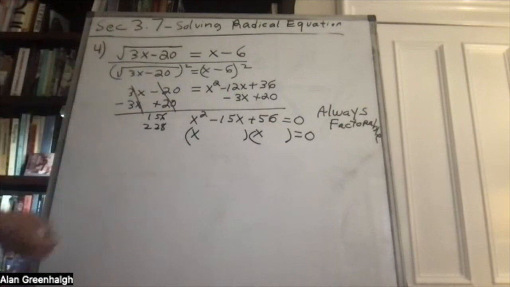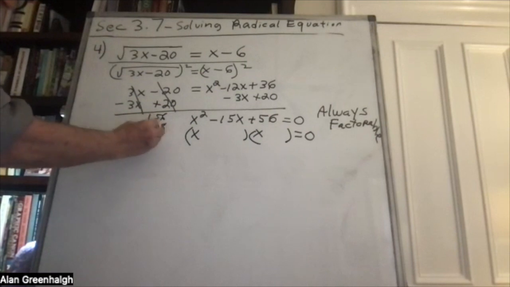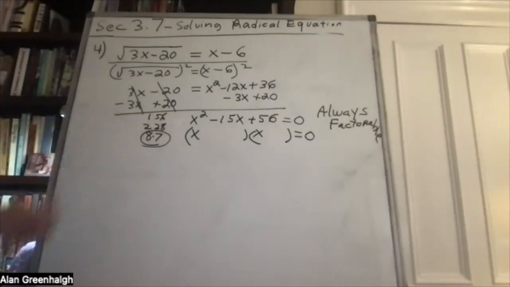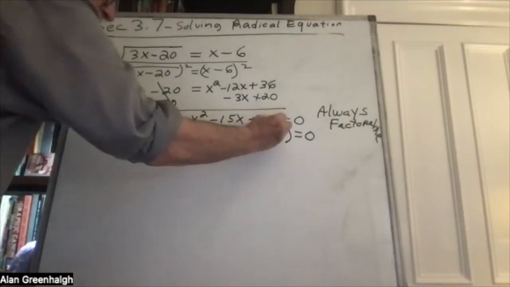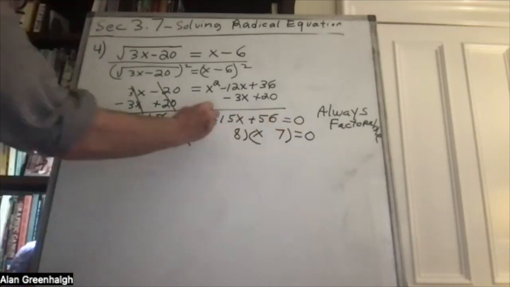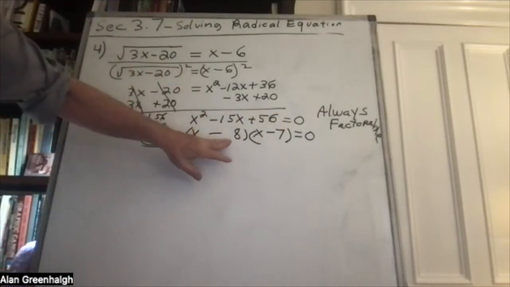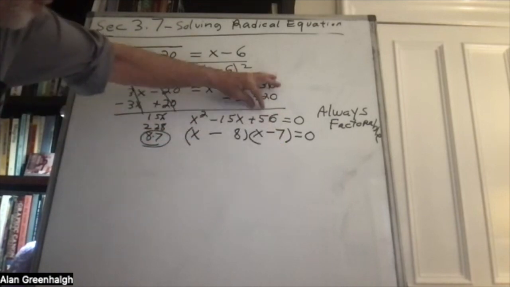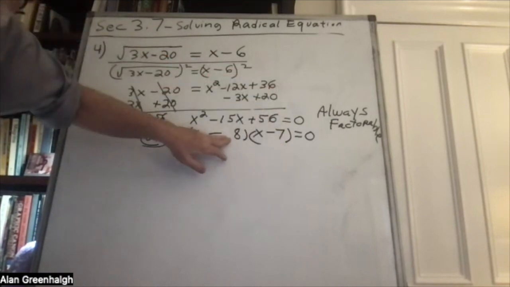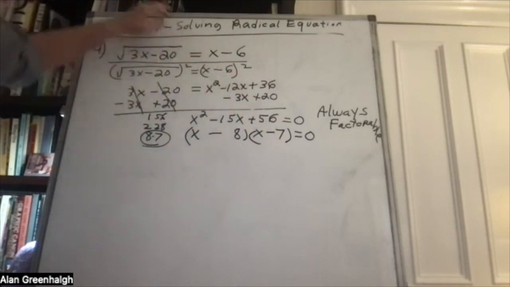I don't know, does 3 go into it? I don't know, but it's 8 and 7. 8 times 7, right? You put the 8 here, you put the 7 there. They're both going to be negative. That'll work because -8 times -7 is positive 56, and -8 plus -7 is -15.